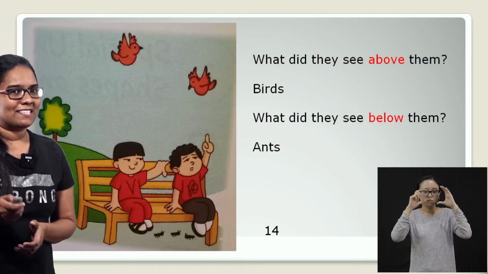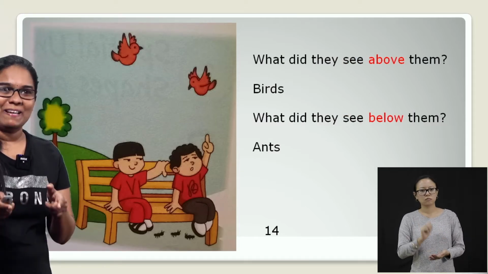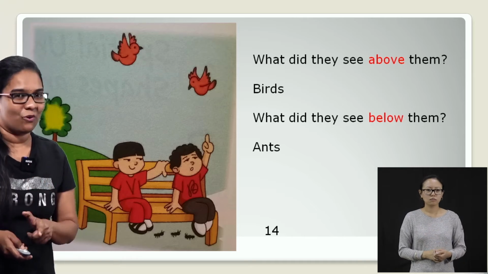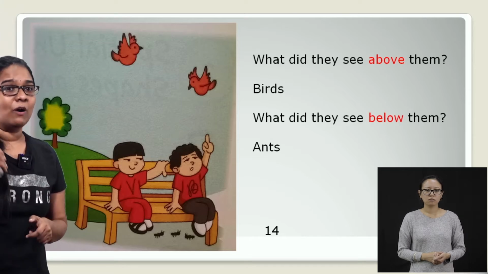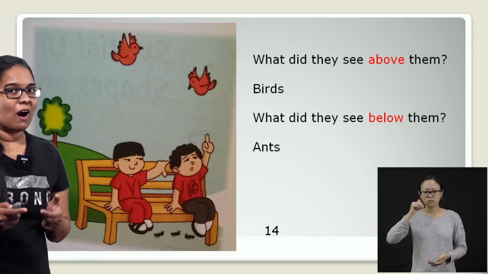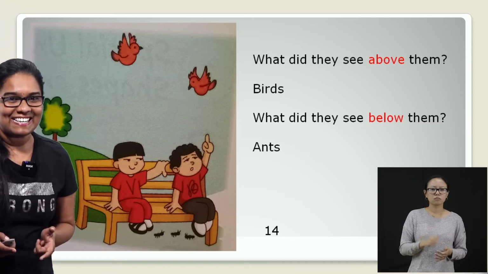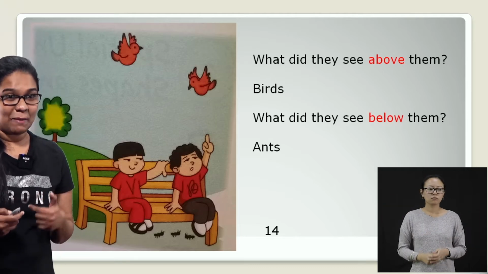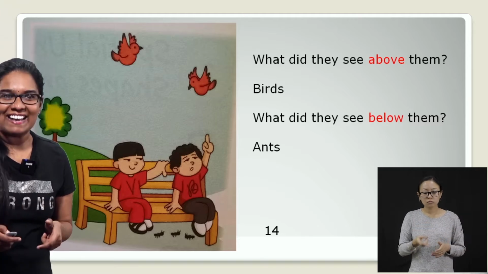Can you see this picture in your textbook, page number 14? Tell me, what did they see above them? Yes, birds. Then what did they see below them? Yes, ants.